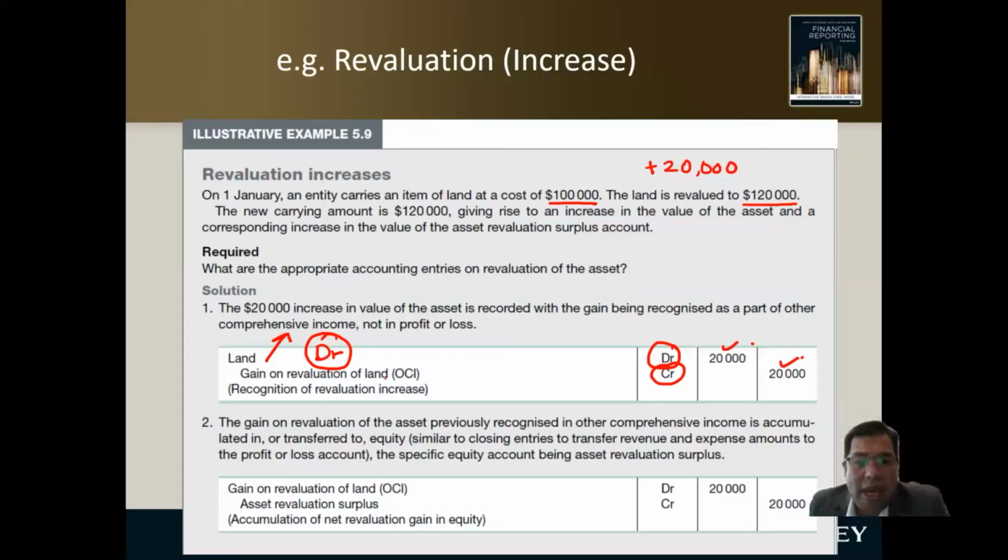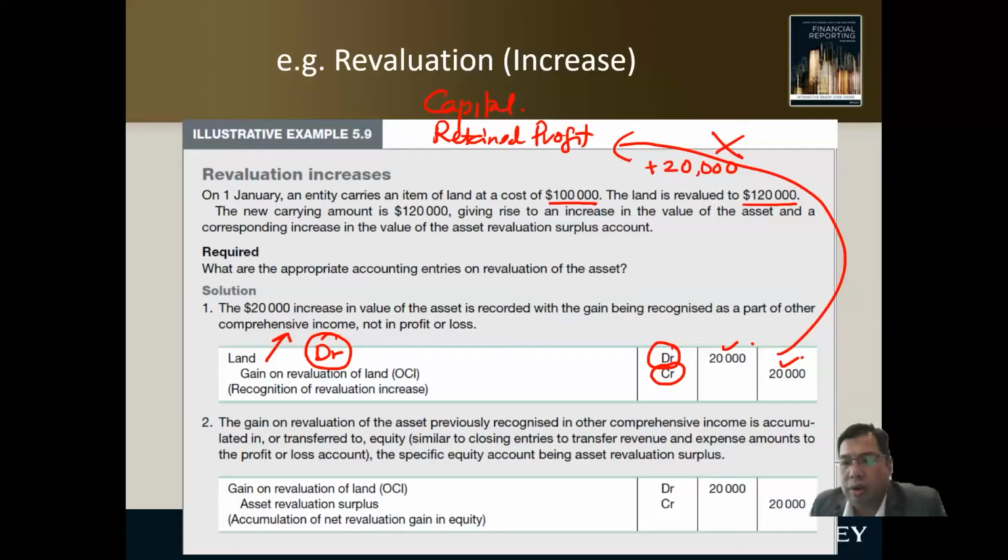So this gain on revaluation will not go to your retained earnings account, it will not go to your profit account. We have your capital, then you have accumulated profit or retained earnings, retained profit. But this gain of 20,000 will not go to your retained earnings account.